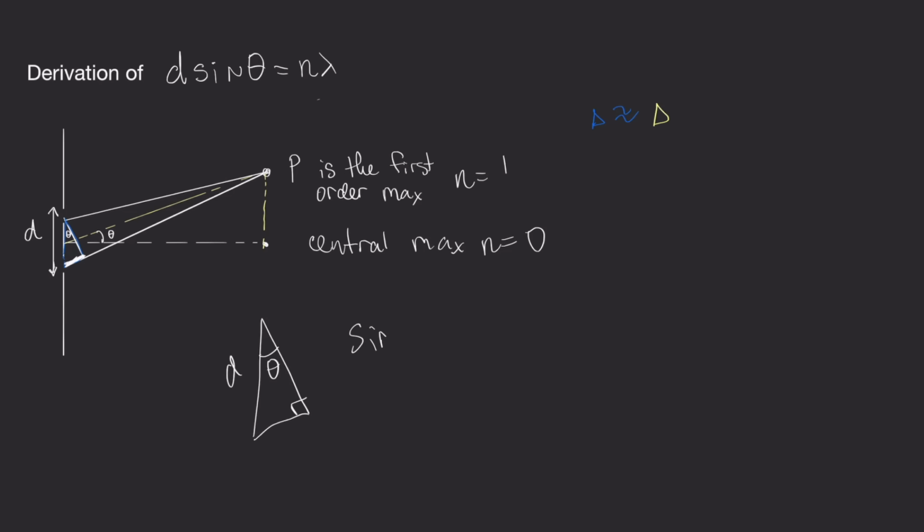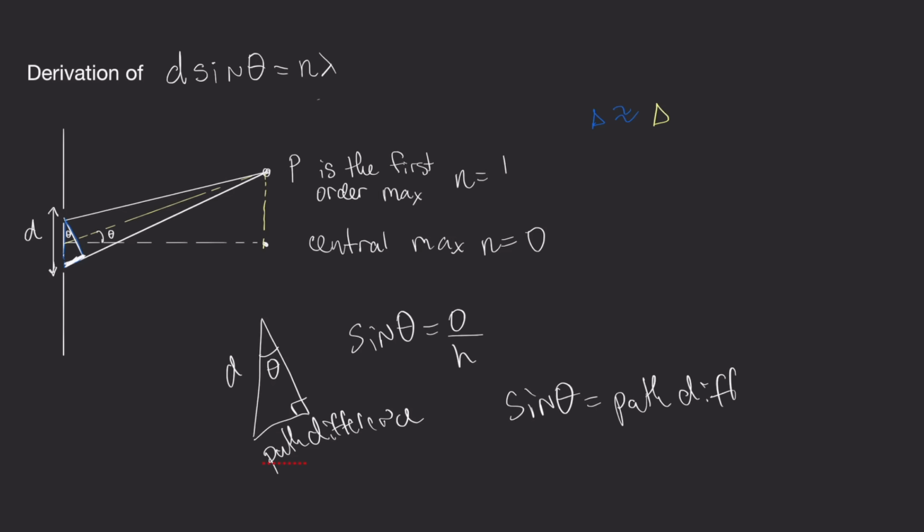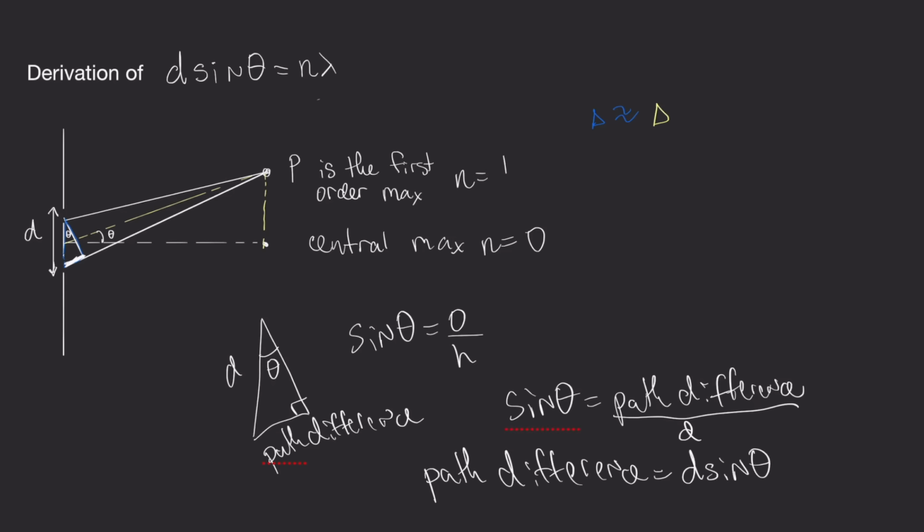Well, because sine of theta is equal to the opposite divided by the hypotenuse, and our opposite in this case is actually just the path difference. So in this case, sine of theta will just be equal to the path difference over the hypotenuse, which is just d, meaning that our path difference will just be equal to d multiplied by sine theta.